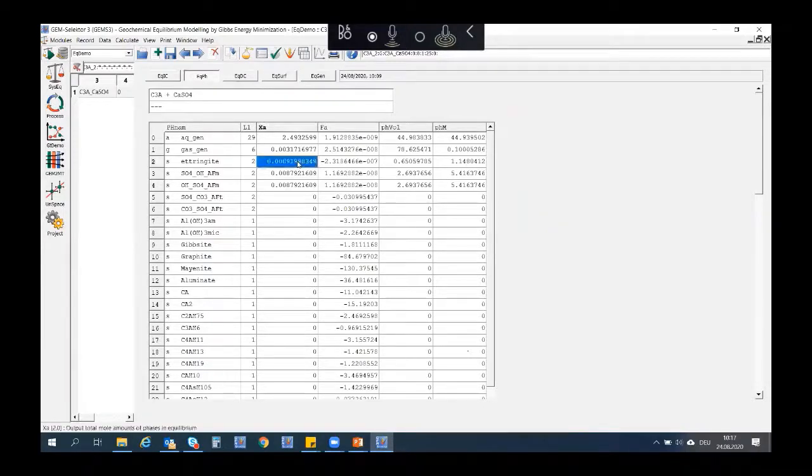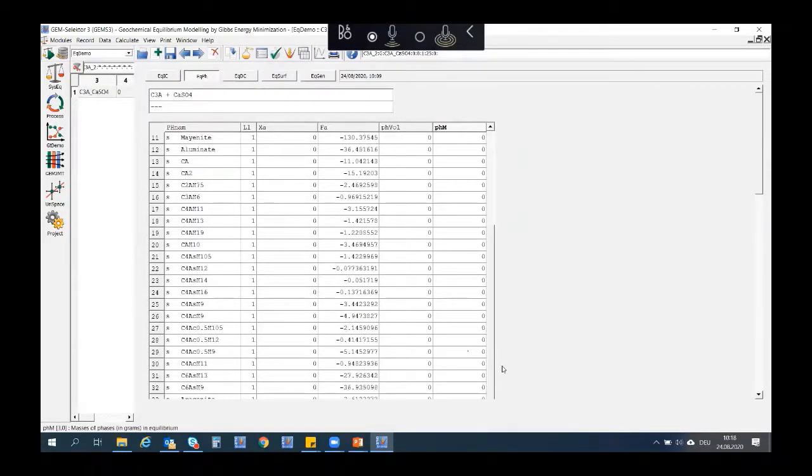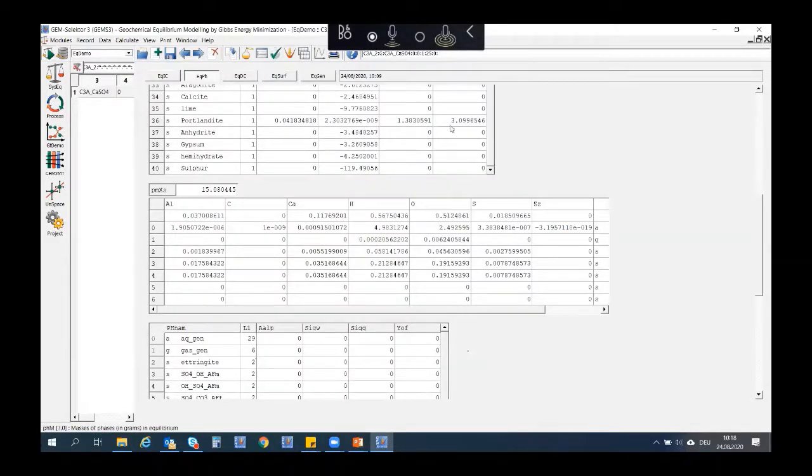We've seen before the molar amounts, but on this screen we also can get the masses. So this is gram. We have 1.14 gram of ettringite. We have 10.8 grams of AFm phases because we have it 2 times, because the solid solution is divided. And if we would go much further down, we also see portlandite.